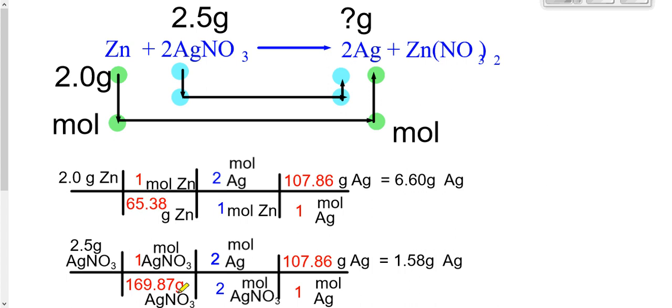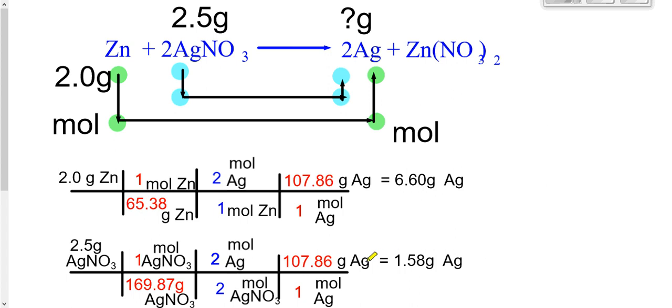From the balanced equation, 2 moles of silver reacts with every 2 moles of silver nitrate. And to change that to grams, there are 107.86 grams of silver for every 1 mole of silver. Multiplying numbers on the top and dividing the numbers on the bottom gives us a value of 1.58 grams of silver.